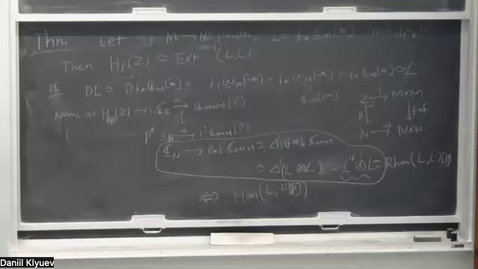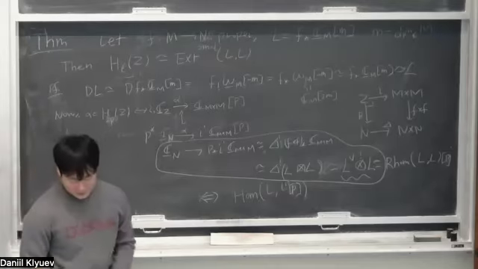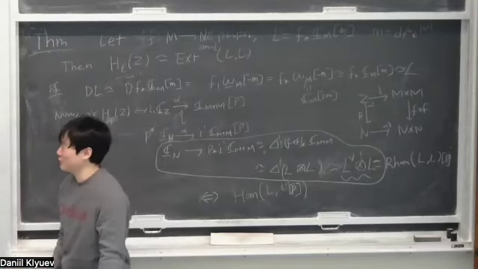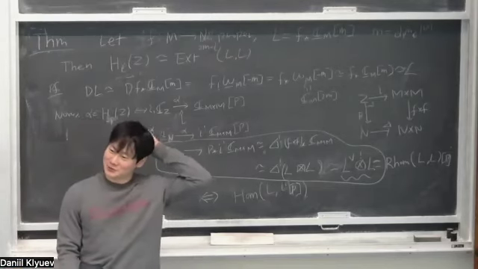Namely, the associativity of the convolution product is really deeply related to the projection formula and base change. And I think there are almost no other ways to prove that.